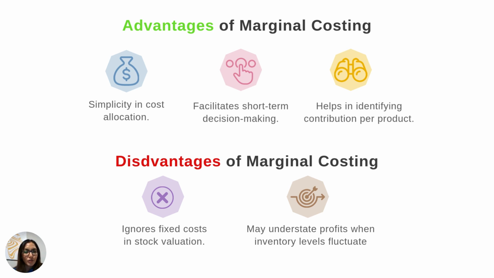We see how much additionally we need to incur. It helps in identifying contribution per product. Disadvantages are that it ignores fixed cost in stock valuation, so stock valuation can be underestimated, and it may understate profits when inventory levels fluctuate.